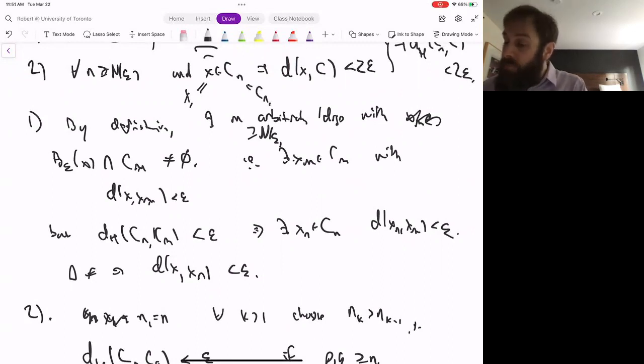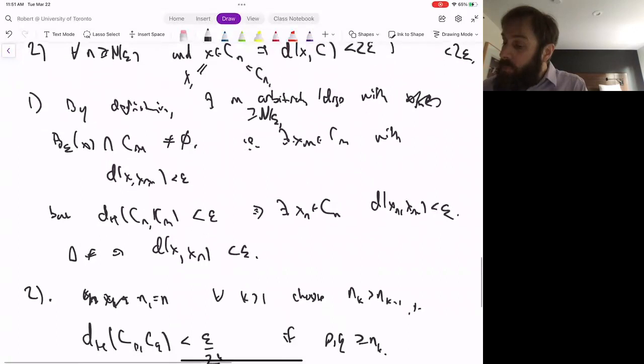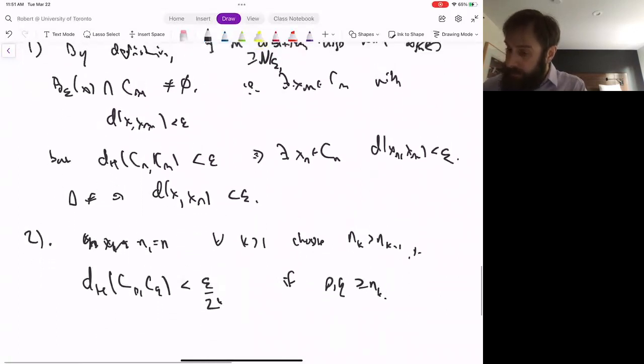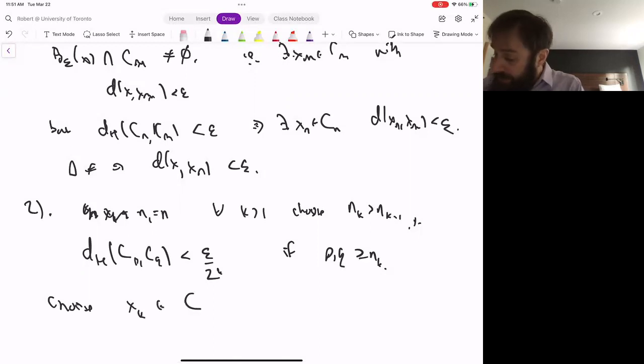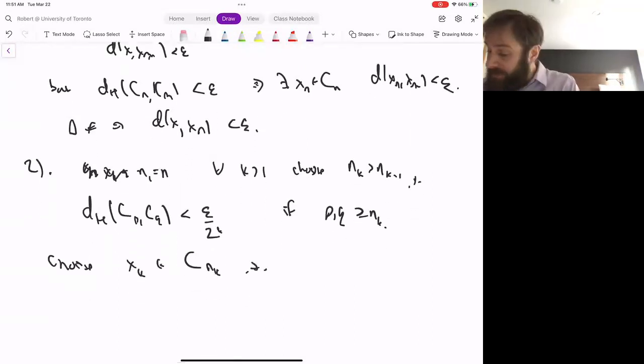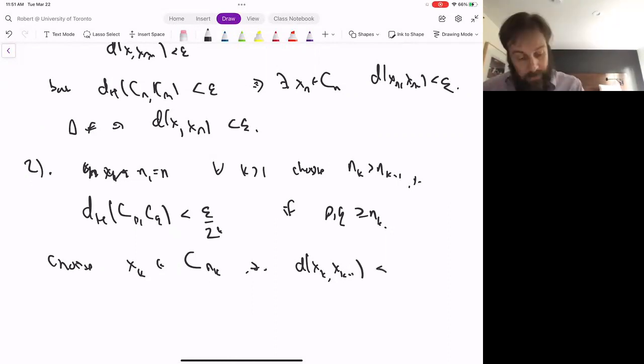And then I'm going to sort of recursively choose xk to be in Cnk such that the distance from the previous guy is less than epsilon over 2 to the k.